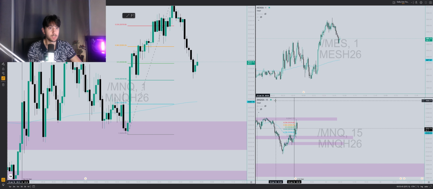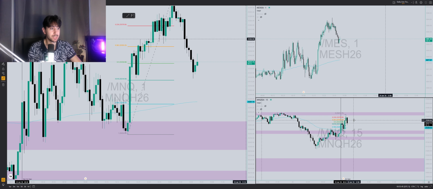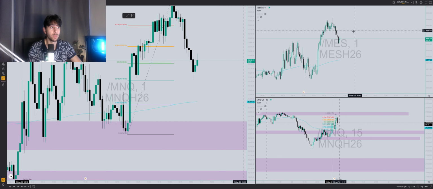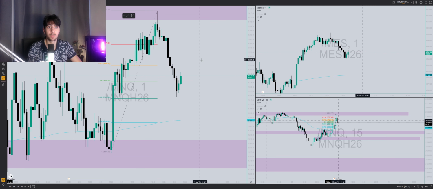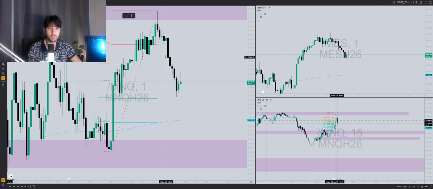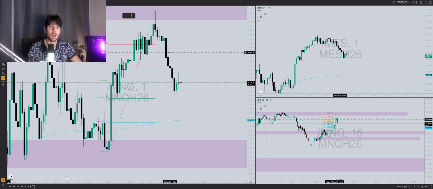It still looks kind of strong, but I doubt that we go higher. That's what I think for now, which means if we reach between 0.4 and 0.2 Fibonacci again, I'm thinking about going short again.